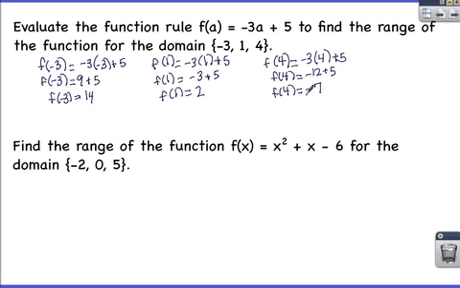Now that we found the output values that correspond to those input values, we're going to write our range in our braces from least to greatest. So negative 7, 2, and 14.